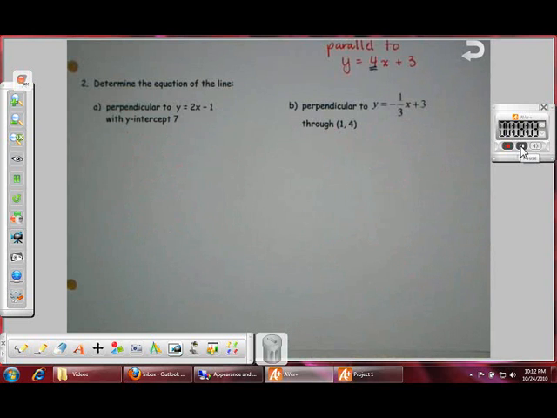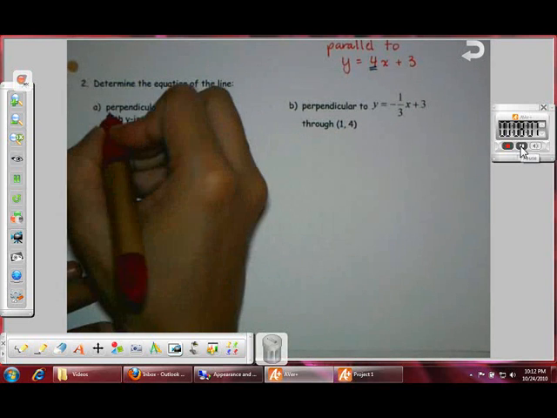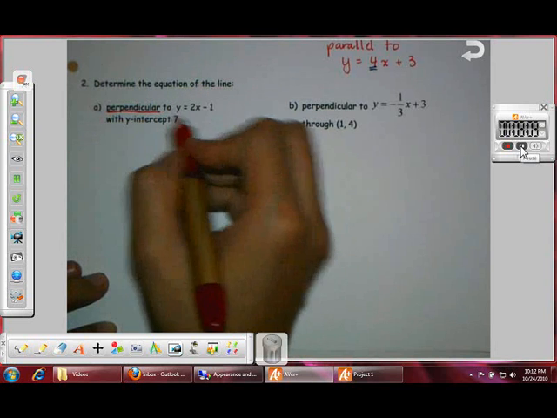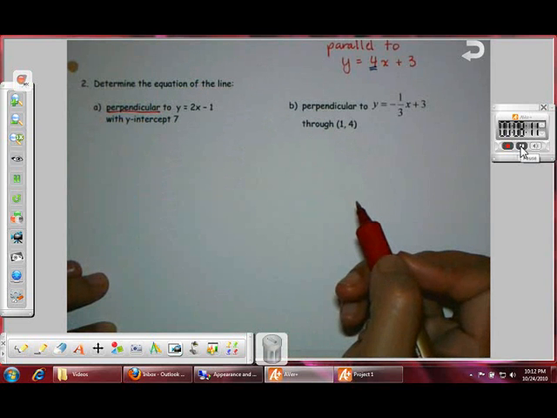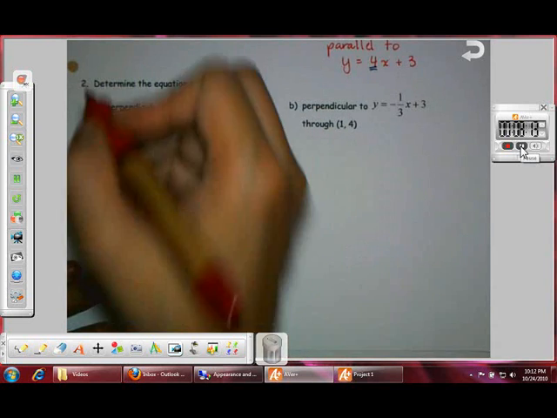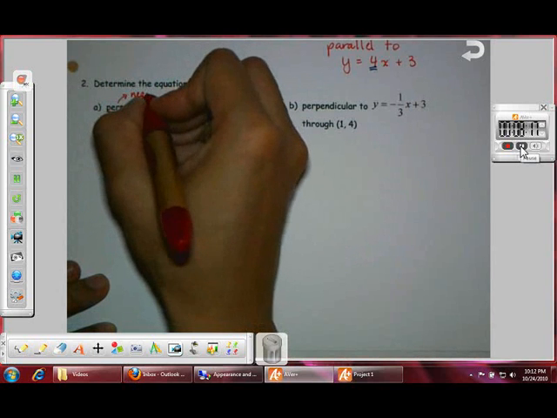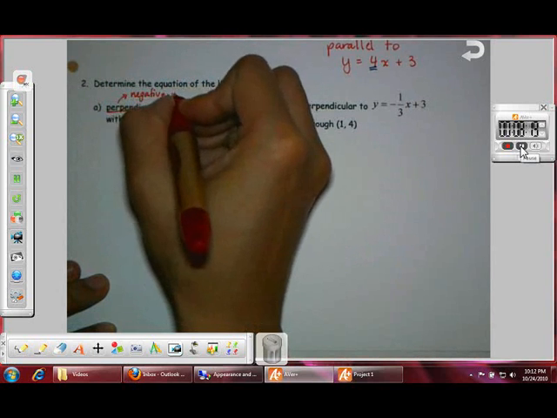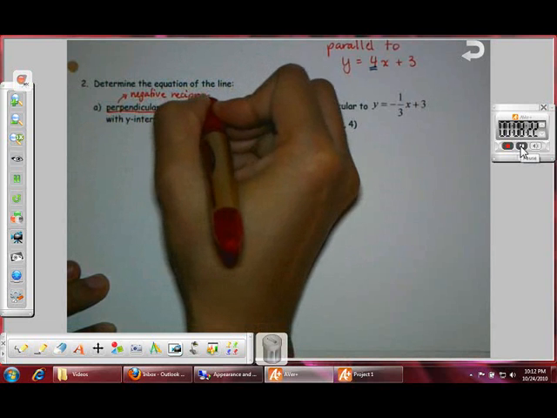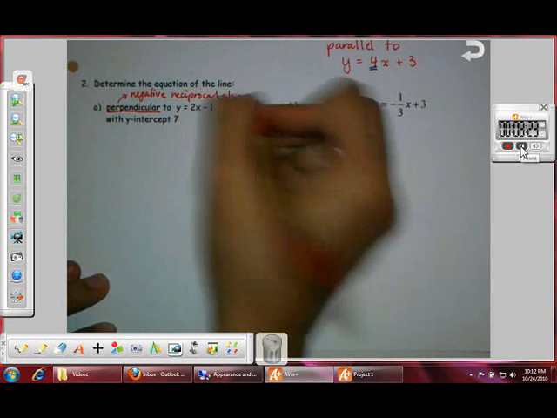Let's now look at example 2. Determine the equation of the line that is perpendicular to y equals 2x minus 1 with y-intercept 7. Perpendicular means it has to have a negative reciprocal slope. What are we given?